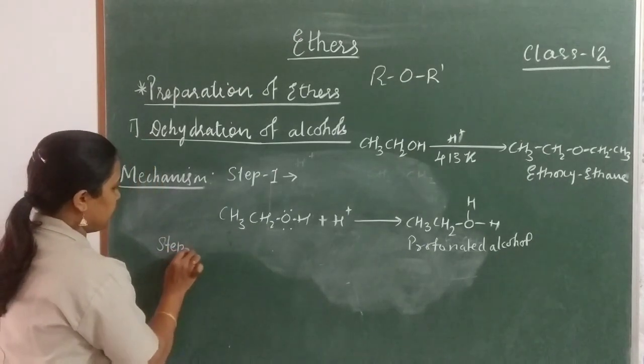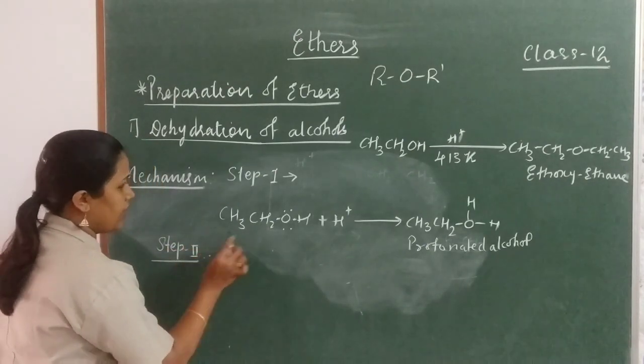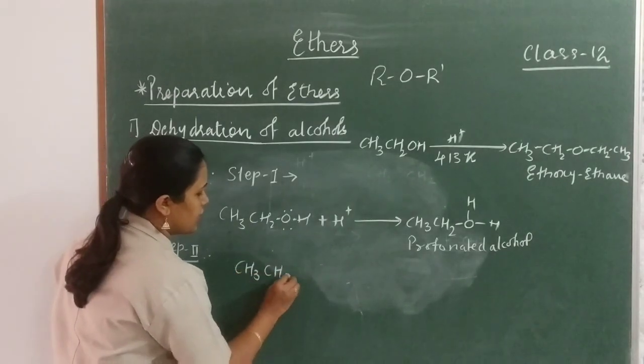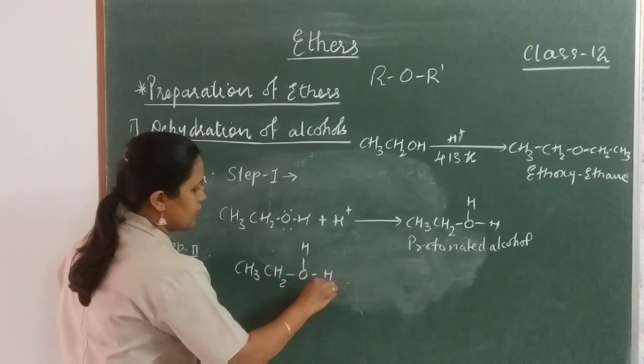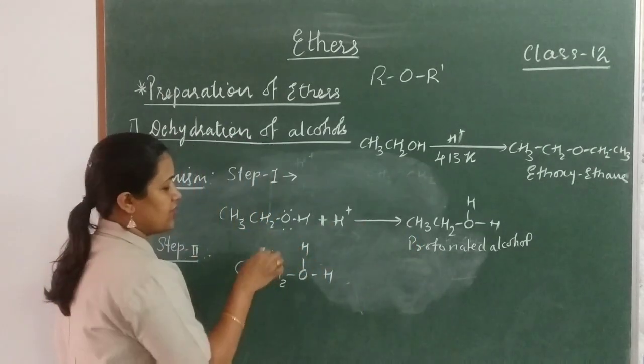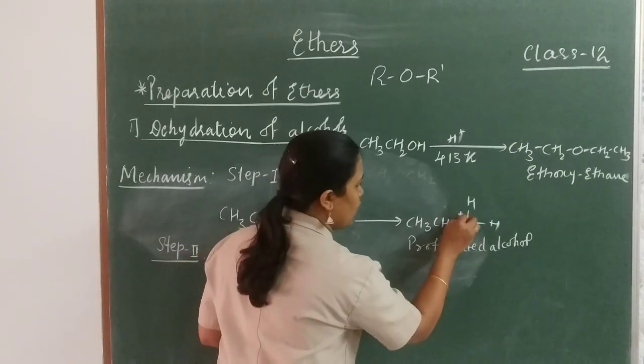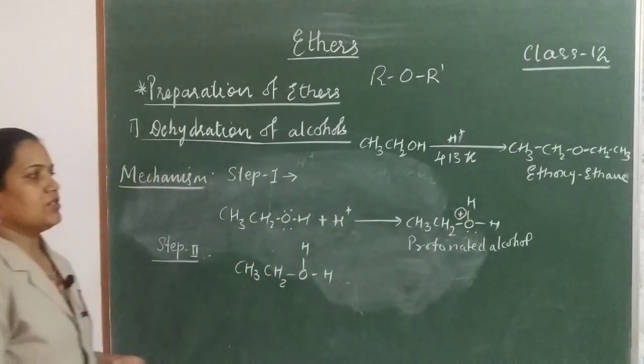In step 2, we can observe this protonated alcohol, CH3CH2OH with an additional H. As this oxygen has donated its lone pair, one lone pair is left and there is one positive charge.